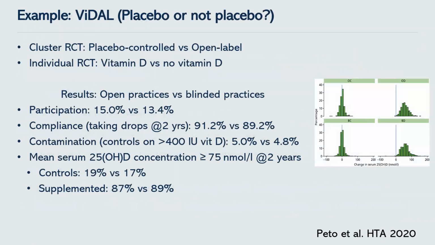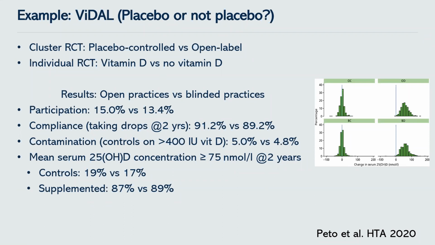A few years ago, I was doing a trial where there was a disagreement between the statisticians, myself and Julian Pito, and the clinicians, Adrian Martineau and Erwin Nazareth, about whether we should have a placebo-controlled trial or not. This was a trial of vitamin D supplementation in the elderly, hoping that it would actually have an impact on all-cause mortality.